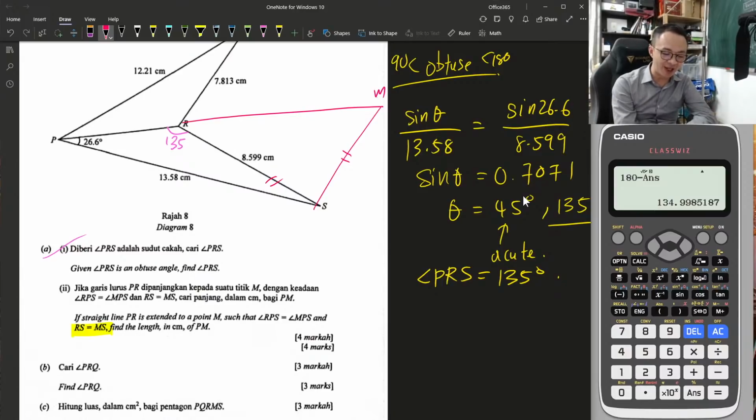Okay, how about the angle? The angle is just to make sure PRM is a straight line. Okay, so this is the purpose of telling you that MPS and RPS must remain 26.6 degrees. So modern math, when you teach, because modern math is first.